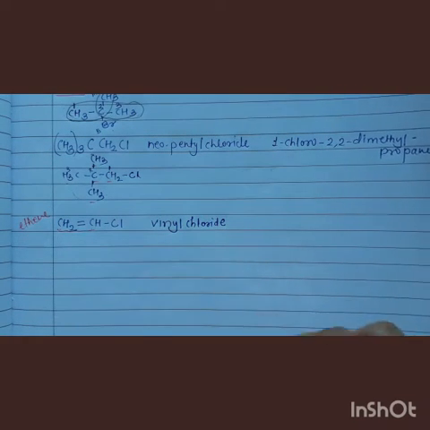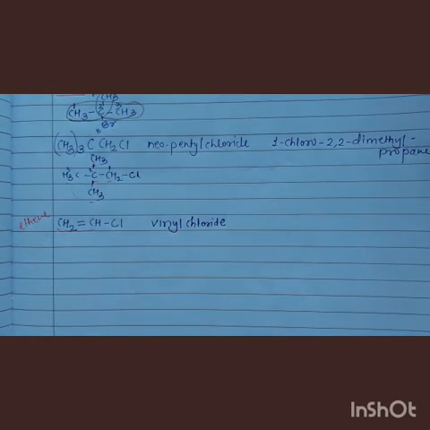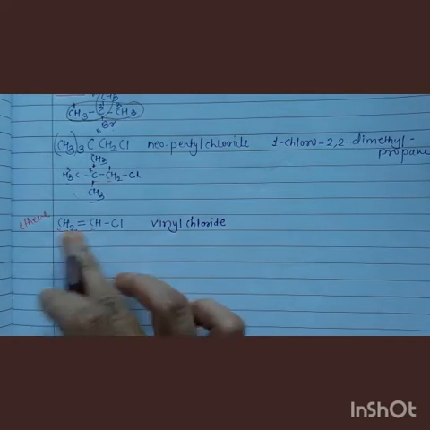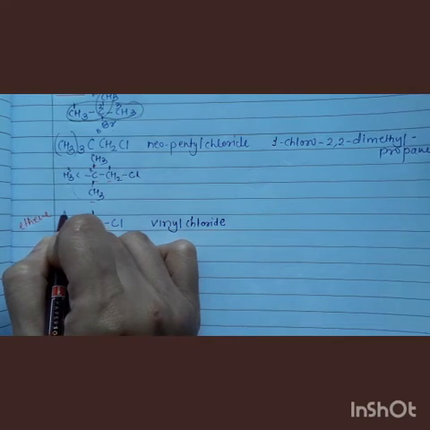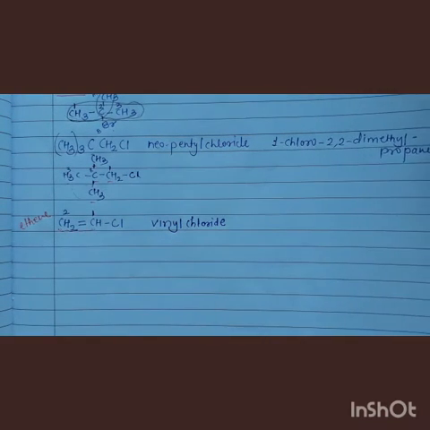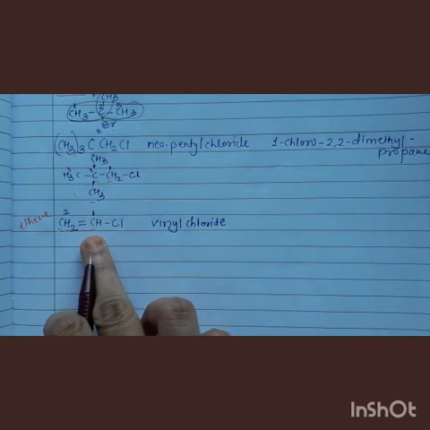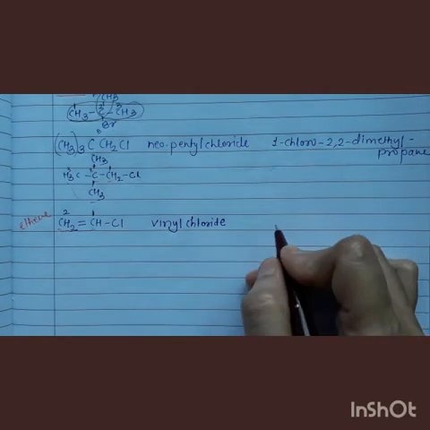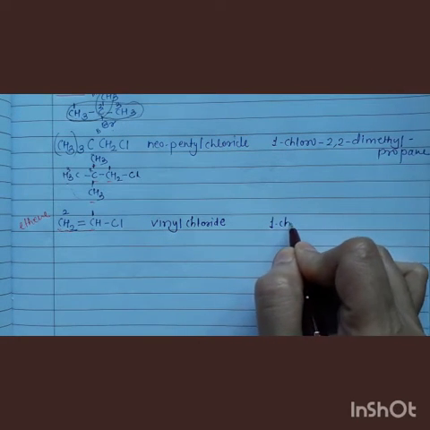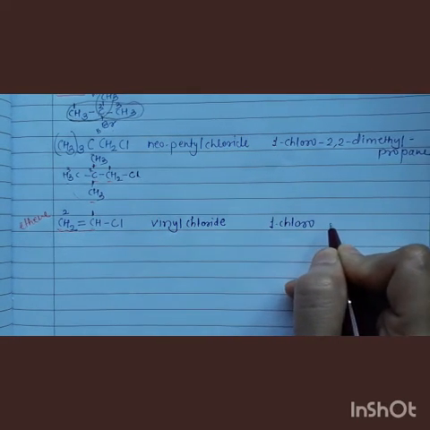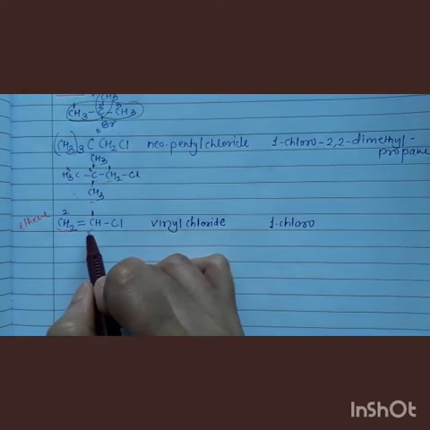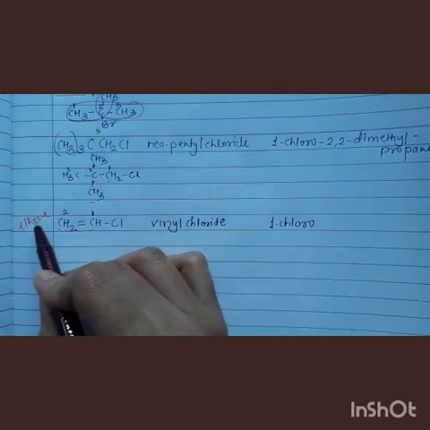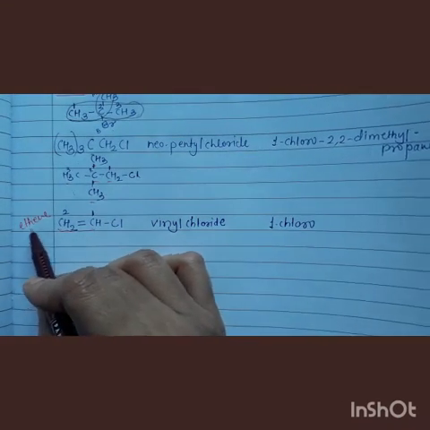Now let us write the IUPAC name of the same compound. Here let us do numbering. If you do it, okay, if not, also okay, because only 2 carbon atoms are there. On the first position chlorine is there, so we write 1-chloro. There are 2 carbon atoms, so the parent alkane is ethene.